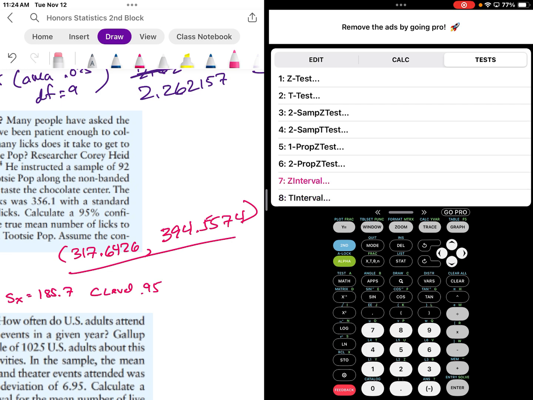Our book and our homework assignments are based off of doing the means for T, proportions for Z. You actually can use the Z interval for means as long as n's bigger than 30. But since all of our stuff is based off the way it grades on the online assignments, in order to do a mean, it's got to be done with T. That way you get those problems right, okay? And the same thing will apply to my test when we take a test on this on Friday, okay?